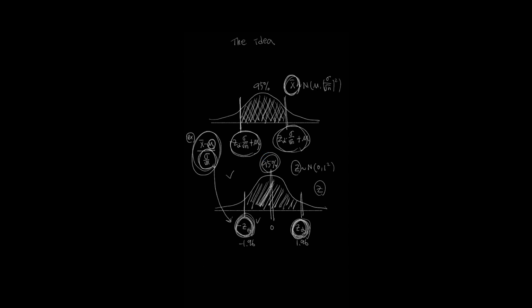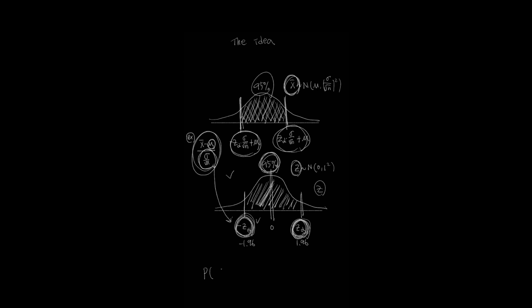Let's just summarize what I just said in words into real notations. So the probability that we will find the X bar values in this range is 95%, right? And we got the probability from the standard normal distribution.